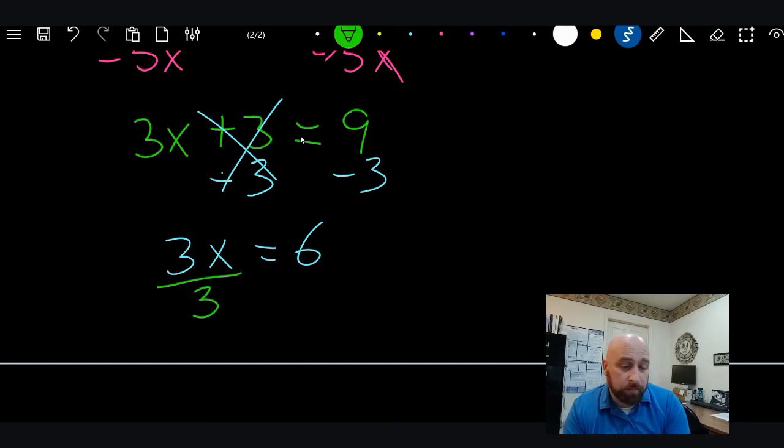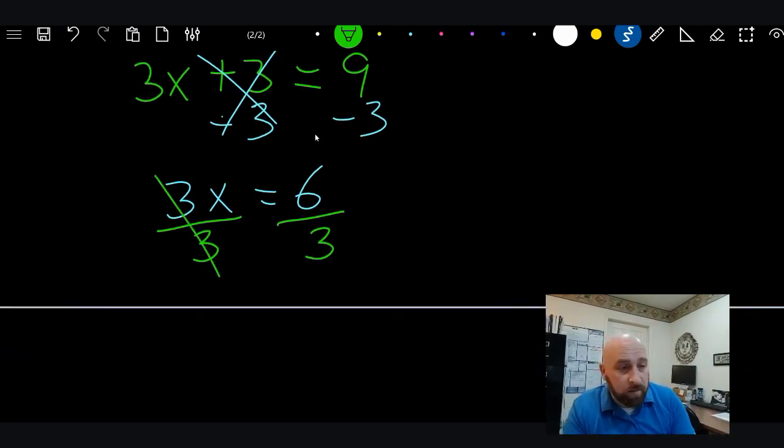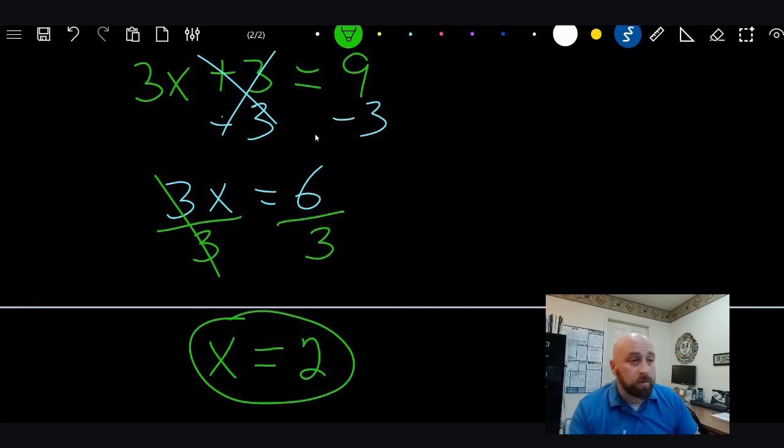Divide by 3. And if I do it to one side, I have to do it to the other side because I have to keep it balanced. All right, so this cancels. 3 divided by 3 is 1, or just x. 1x and x are the same thing. x equals 6 divided by 3 is 2. x equals 2. And that's our solution.